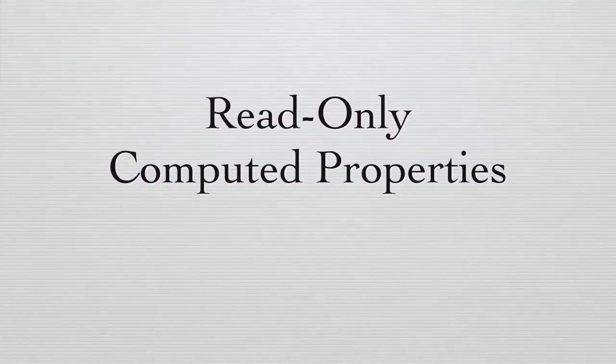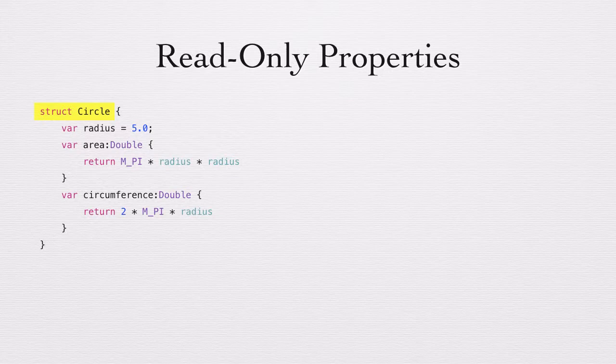Swift allows you to create read-only properties in a structure. The values of such properties are computed in the property definition itself. I will show you how. Consider the definition of circle shown here. The radius property is assigned some default value.